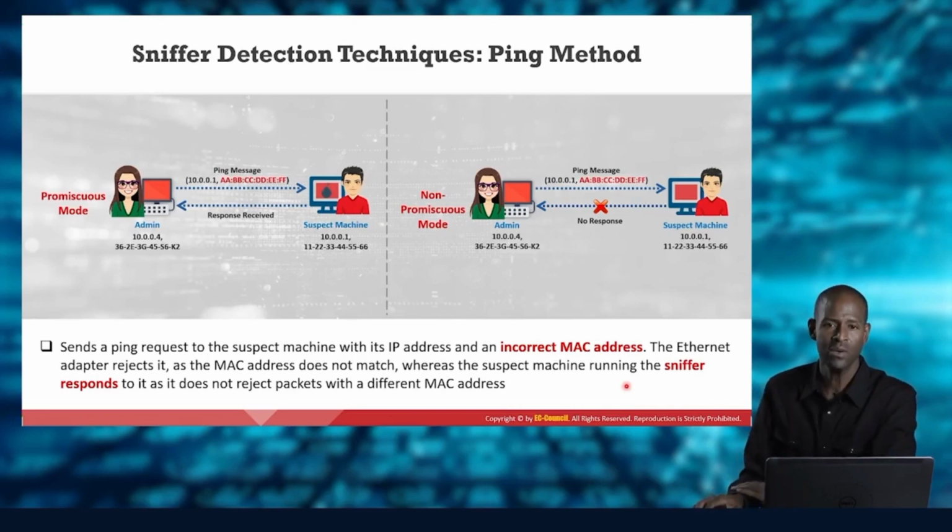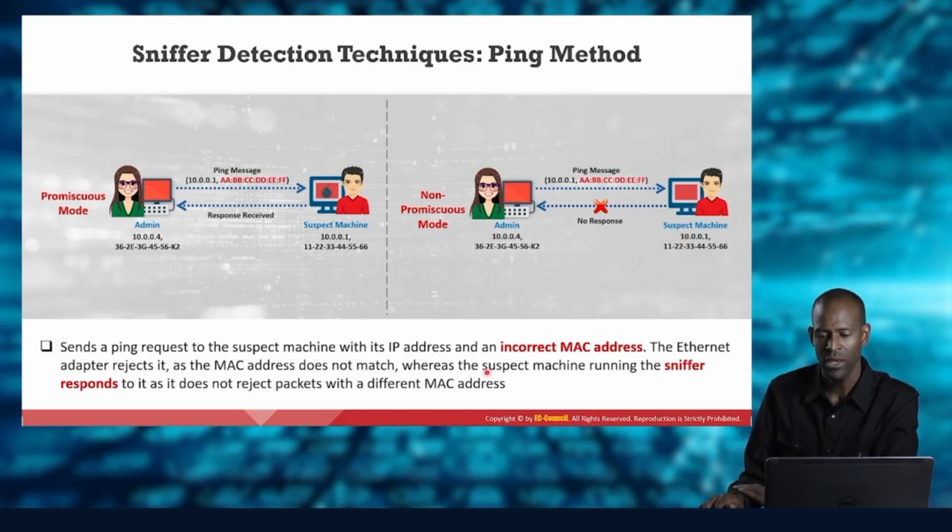So in promiscuous mode, when somebody sends a ping with the wrong MAC address, this MAC address right here is the real MAC address, but the ping has a wrong one. Guess what? The machine says, yeah, hey, how's it going? Gotcha. It responds. That is a NIC running in promiscuous mode. If it's not in promiscuous mode and I put the incorrect MAC address, this machine will just drop the frame.